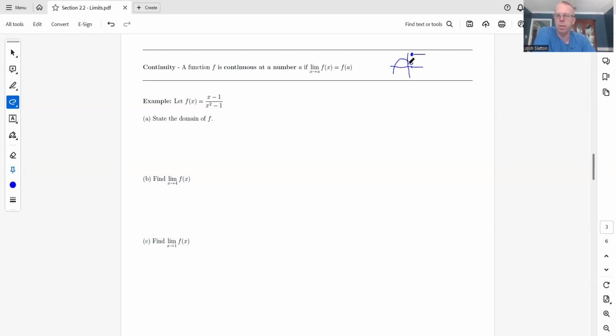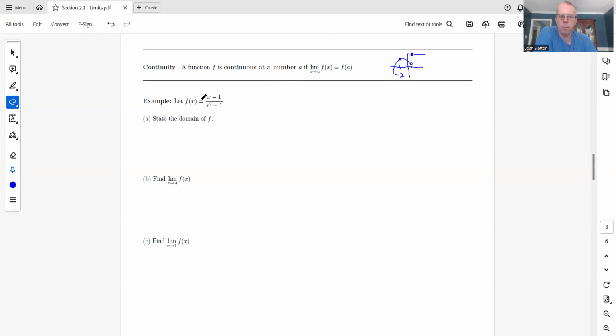Obviously you cannot draw that without lifting up your pencil. But it is continuous at, let's say, -2, because the limit going to -2 is coming to the same point from both directions, and the value of the function is right there with that limit. So that's kind of the idea.